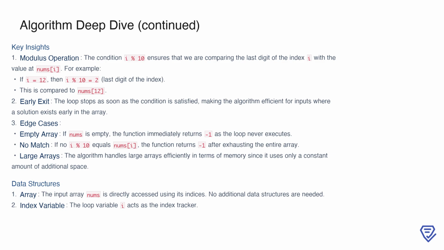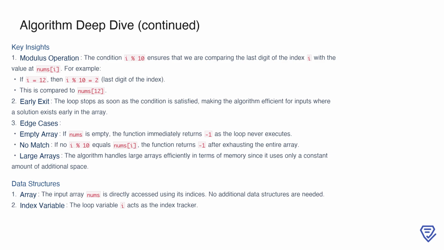First, the modulus operation i%10 ensures that we are focusing only on the last digit of the index i. For example, if i is 12, the result of 12%10 is 2, which we then compare to nums[12]. This makes the comparison straightforward and predictable. Additionally, the algorithm benefits from an early exit mechanism. If the condition is satisfied at any point, the loop terminates immediately, which can save computation when a match is found early.